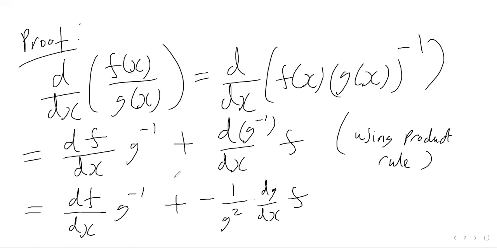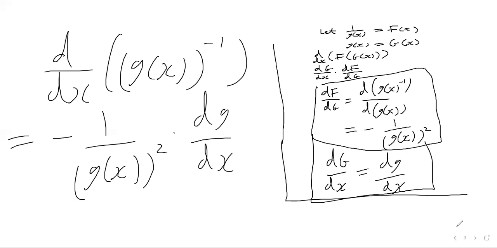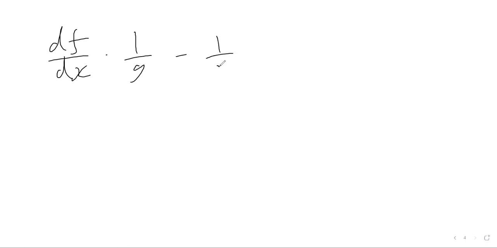Okay, cool. So now if I just copy out this last line on the next slide, we've got df by dx times g to the minus 1, which is just 1 over g. And then we're subtracting 1 over g squared multiplied by dg by dx.